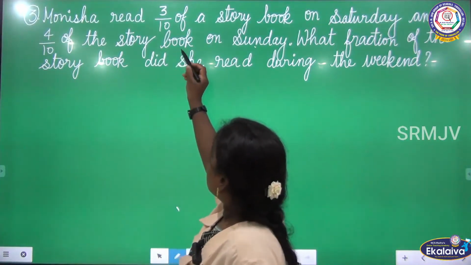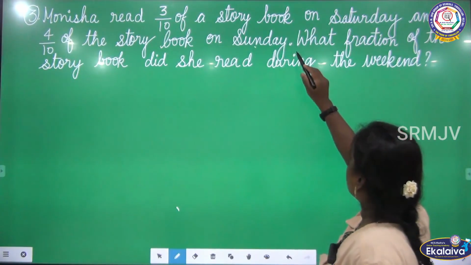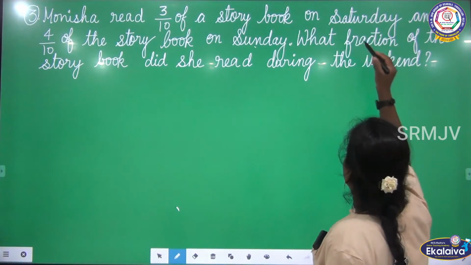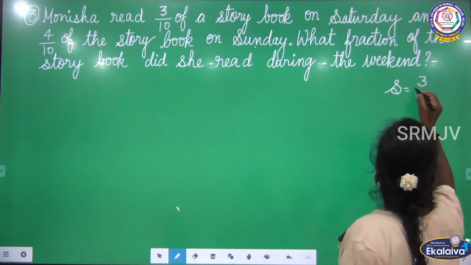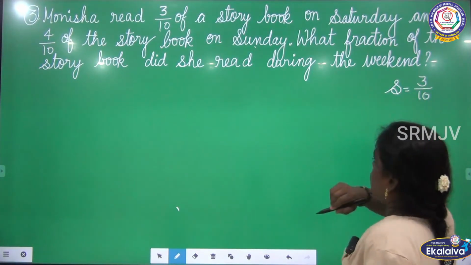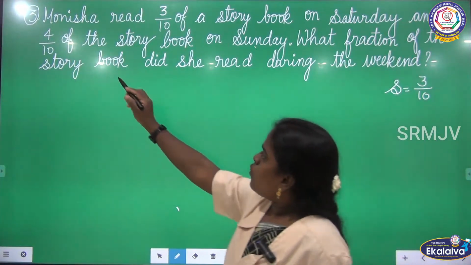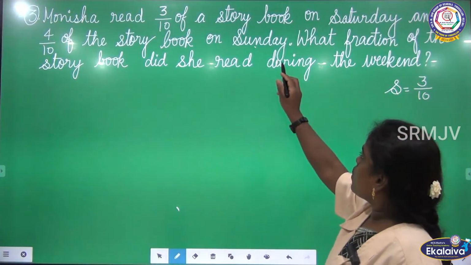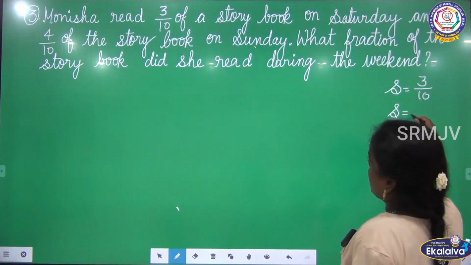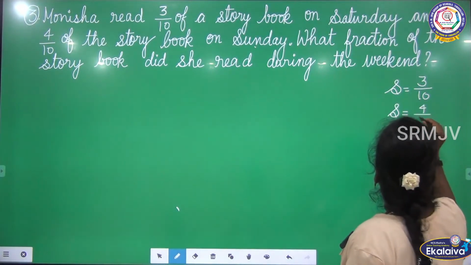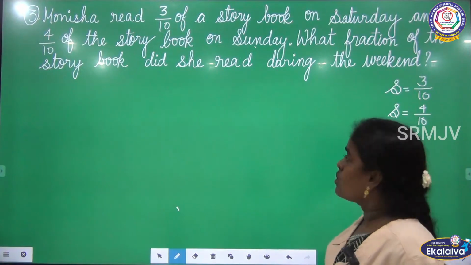Monisha read 3 by 10 of a storybook on Saturday. So Saturday she read 3 by 10 of the storybook and 4 by 10 of the storybook on Sunday. So on Sunday she read 4 by 10 of the storybook.